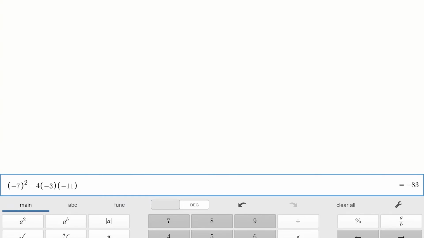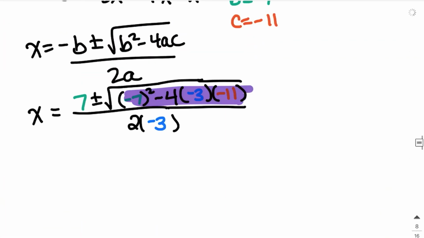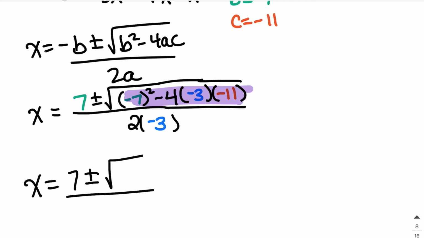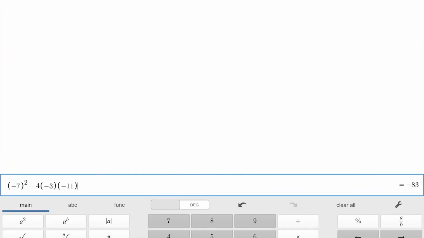So this ends up becoming x equals 7 plus or minus the square root of negative 83 all over negative 6. Right? Because I also have to multiply these two numbers together. And if I try to take the square root of negative 83, I get an undefined answer.